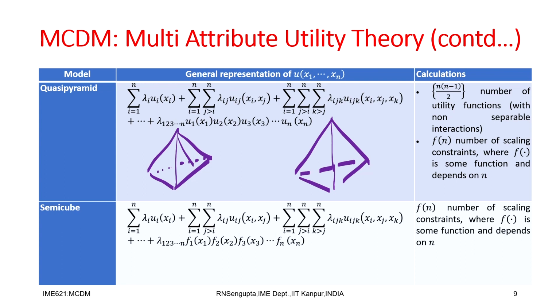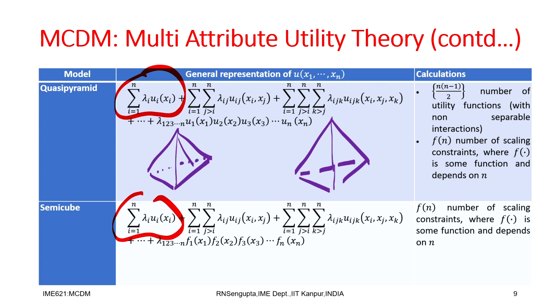So, also again another point, the first term in the quasi pyramid and the first term in the semi cube are the simple weighted concept of utility function. Univariate weights are taken, multiplied by the factors and scaled up to find out the overall multi attribute case.